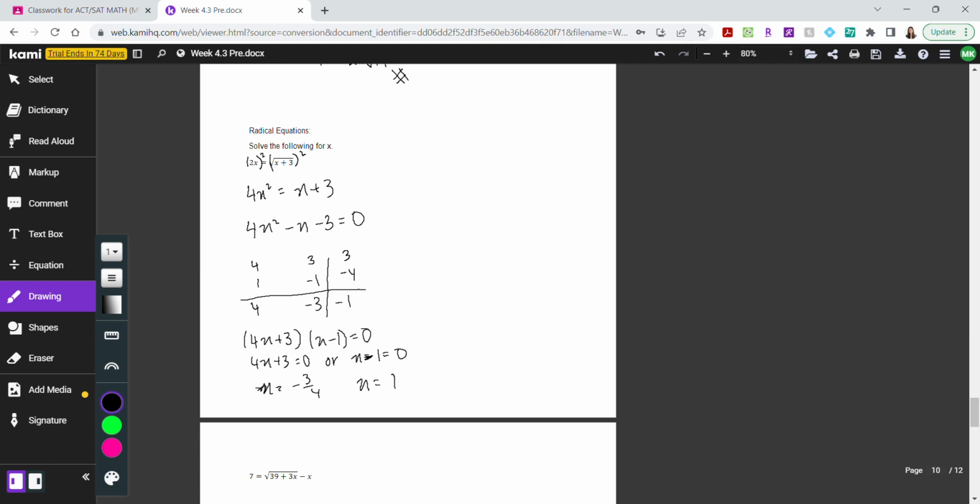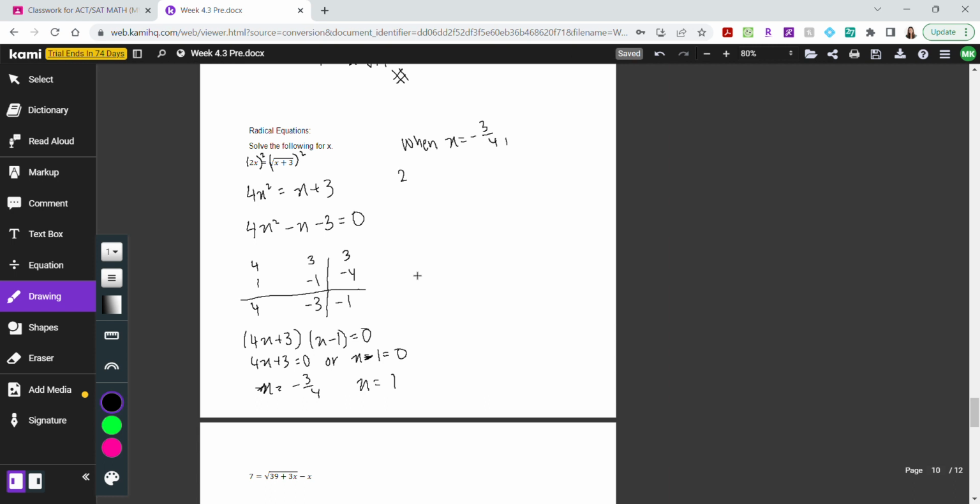Now, we're actually not done yet because with this method, which is the only method you can use anyways, there's a side effect where you will get a solution that would not satisfy it. So we actually got to test out both of these to see if it satisfies. So let's look. When x is negative 3 over 4, let's plug it into both x's.